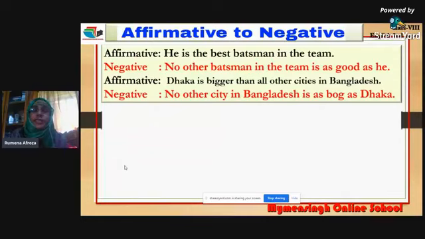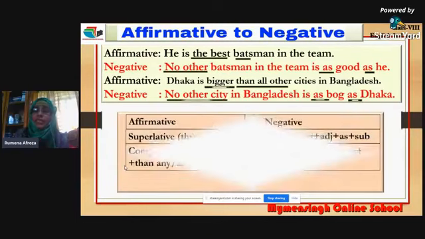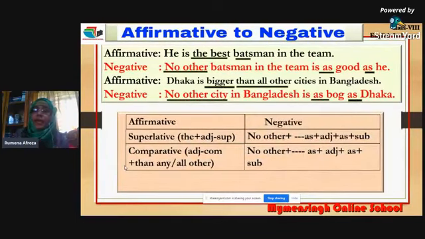Okay, students, let's see the next example. He's the best batsman in the team. No other batsman in the team is as good as he. Another example: Dhaka is bigger than all other cities in Bangladesh. No other city in Bangladesh is as big as Dhaka.